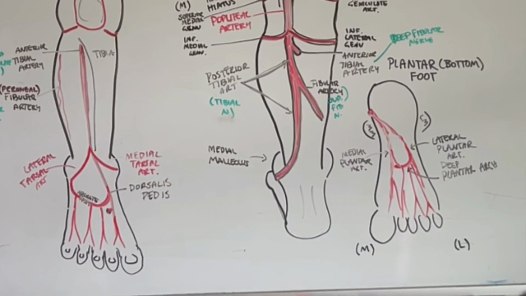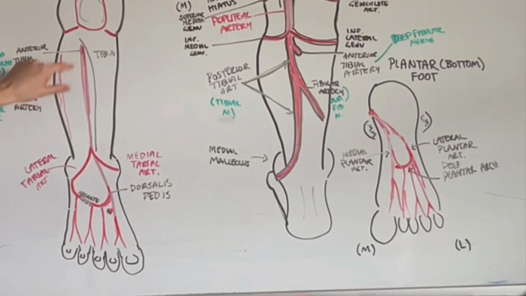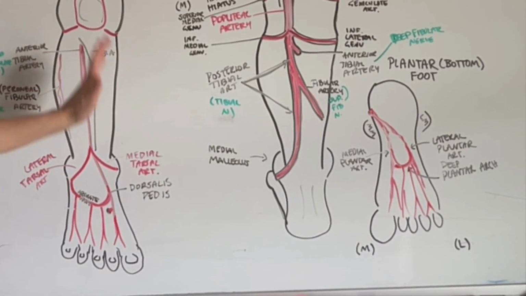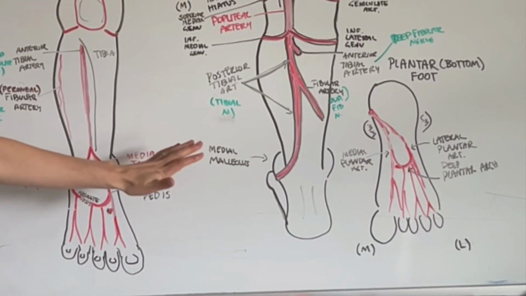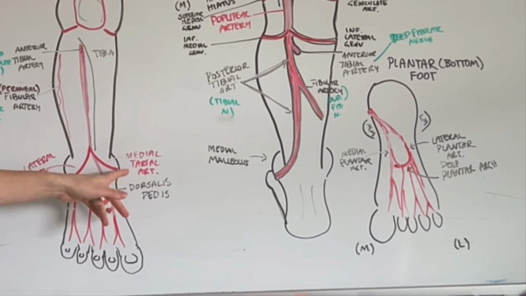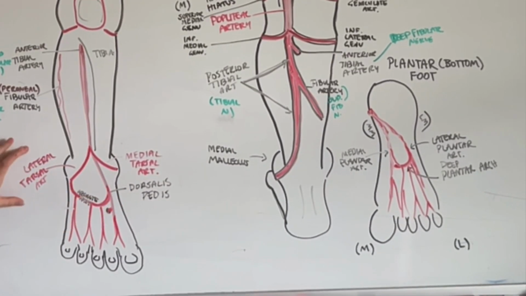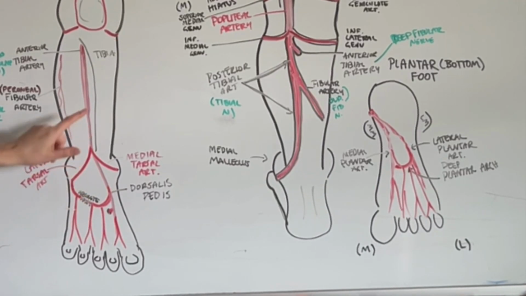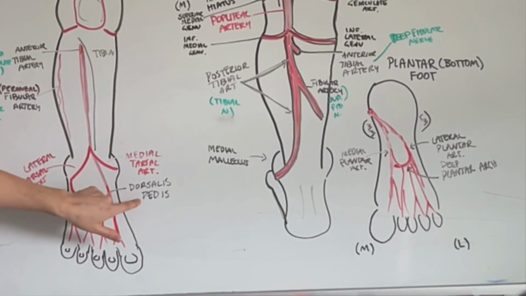So let's back it up, go through the foot one more time, because I know it's a little confusing. Anterior tibial artery in the anterior leg comes down, gives off a lateral tarsal artery and a medial tarsal artery. No one cares about the medial tarsal artery. Lateral, however, is going to anastomose with the arcuate artery, and the arcuate artery is a branch of the dorsalis pedis.